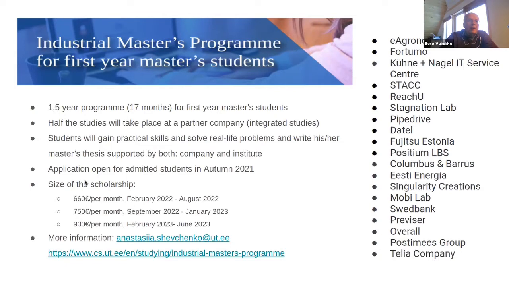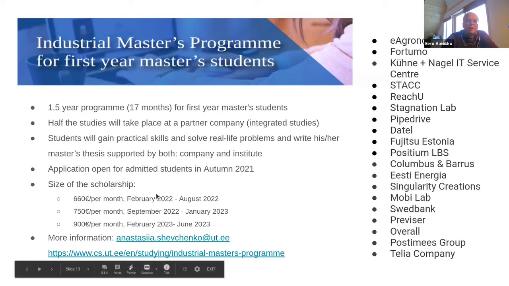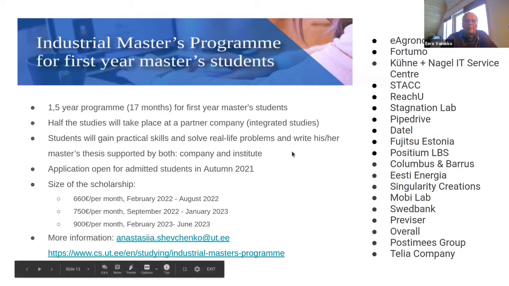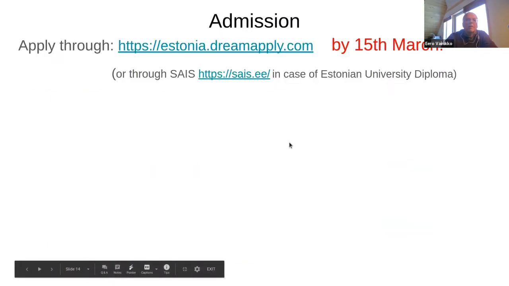It is a way to do your studies through work together with a scholarship, and the scholarship is growing from semester to semester. And here is a list of some of the companies that have taken part in this program. There is more information available here.